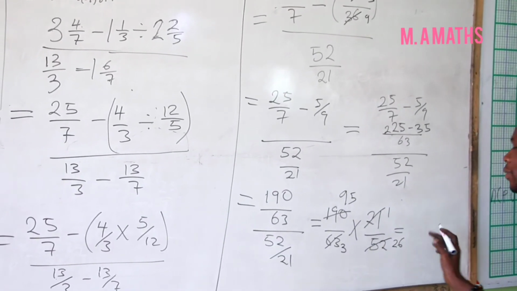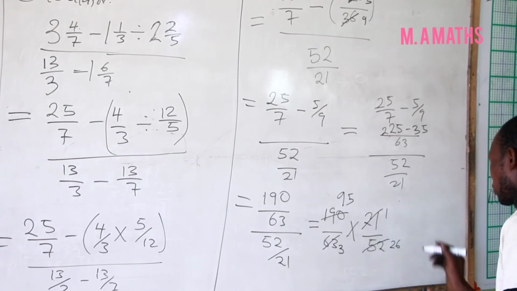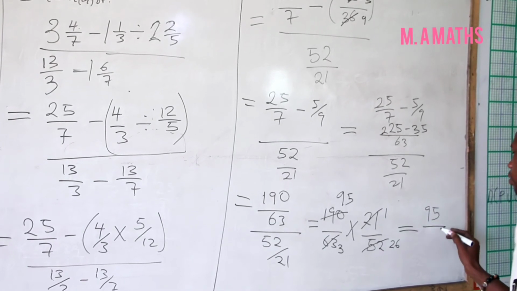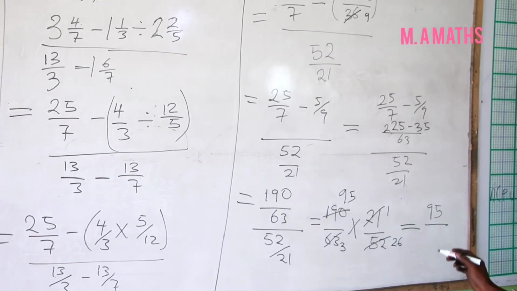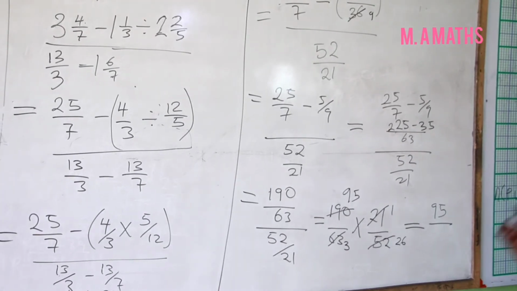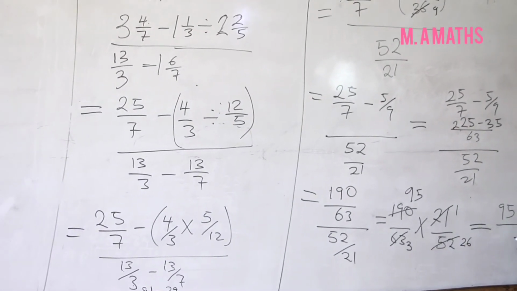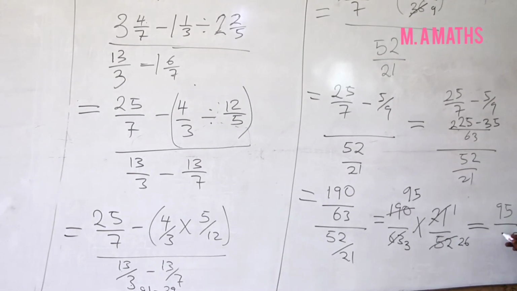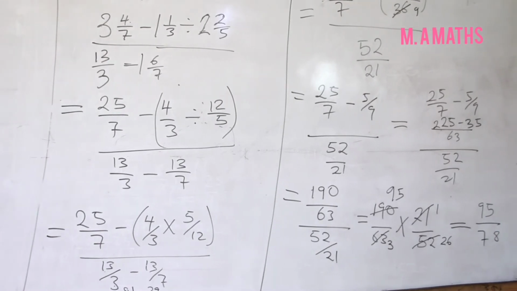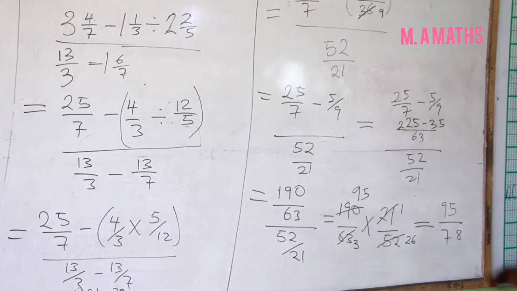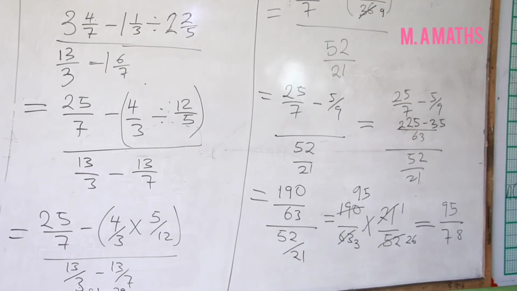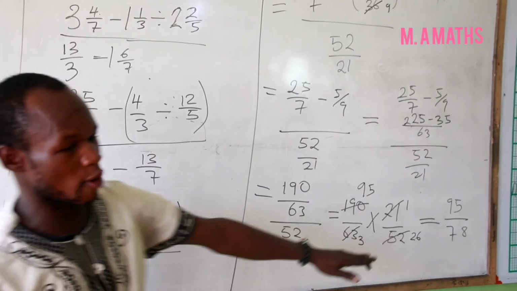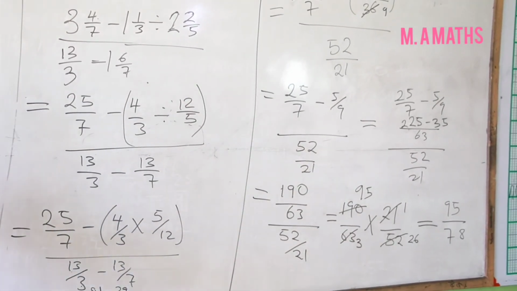So we will have 95 times 1, all over 3 times 26. 3 times 26 gives us 78. So we get 95 over 78, but we can write the answer in mixed fraction form because your question was in mixed fraction.